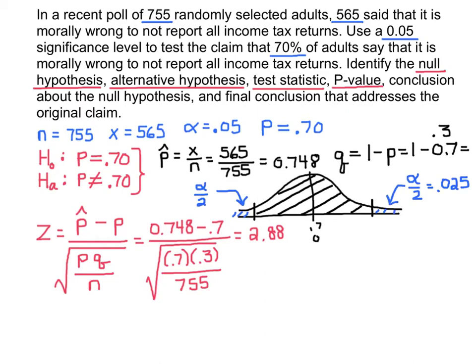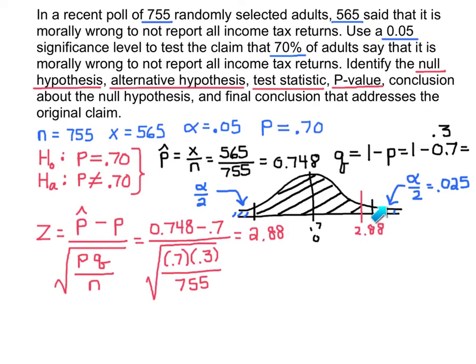Okay, now what we're going to do is we want to find the p-value. And when you think of the p-value, let me use red. Our test statistic z-score puts us right here, 2.88. And now I'm not really sure where it's going to put us, whether it's going to put us to the left of my alpha over 2 bar, or to the right of it.